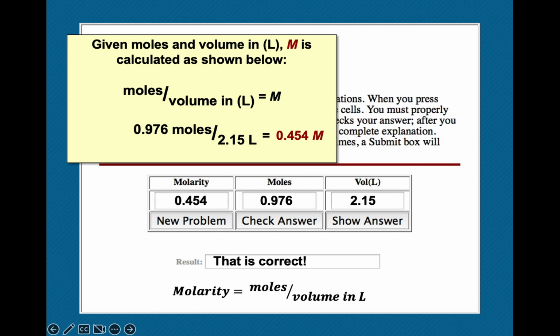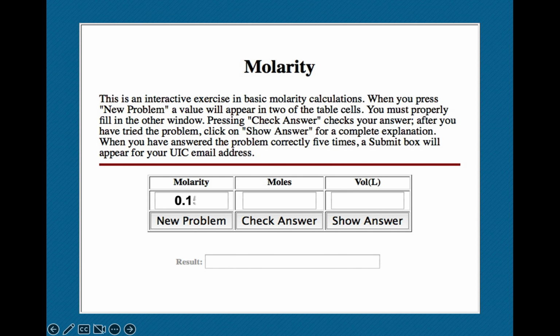Now randomly, as you hit a new problem, something else will be missing. Here we're missing the volume. You've got to remember something. Molarity is moles divided by volume. That means that volume is going to be moles divided by molarity.